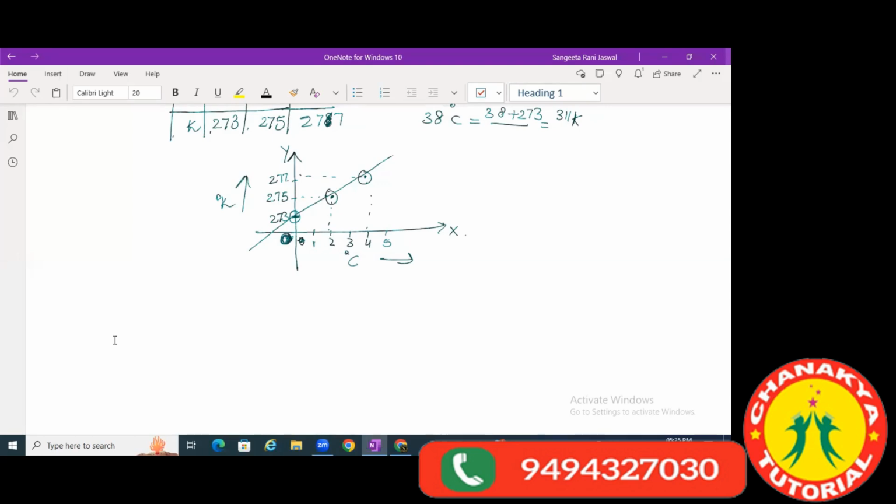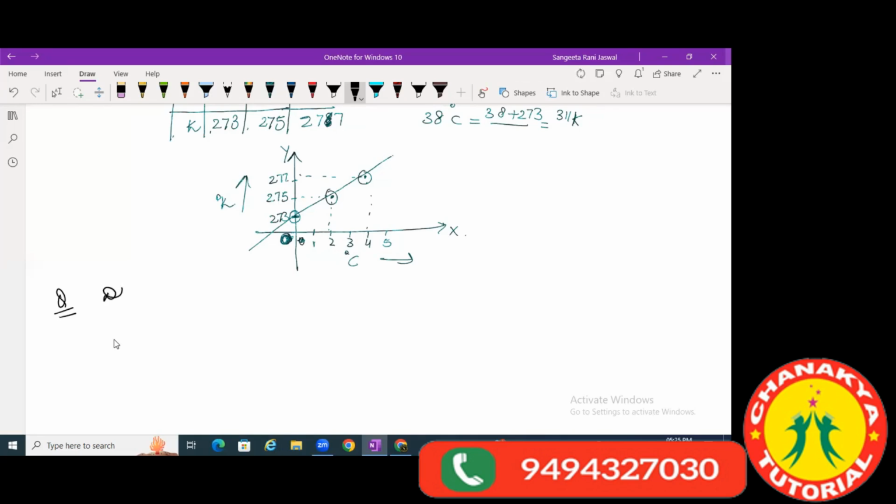Okay, let's take another question. I'm writing the question here. Draw the graph of a linear equation.